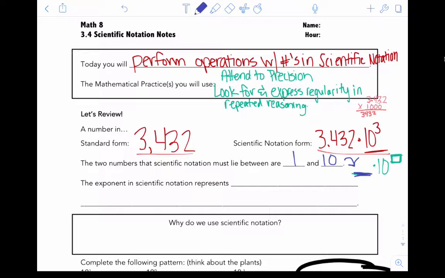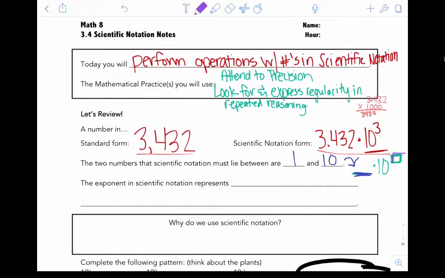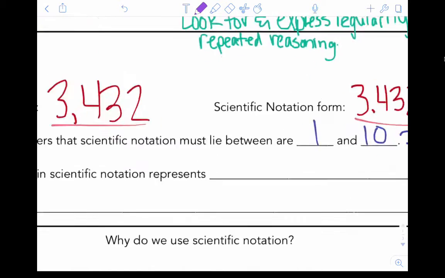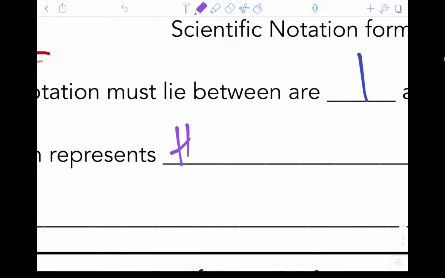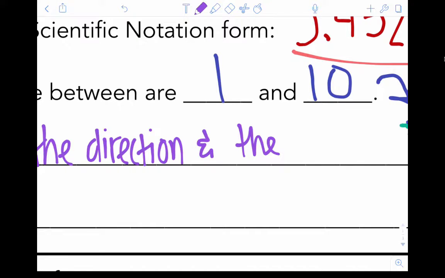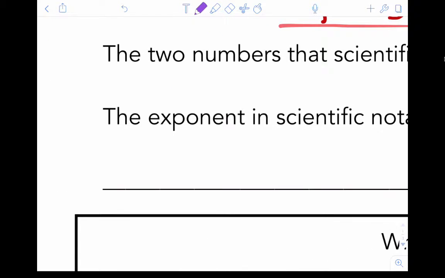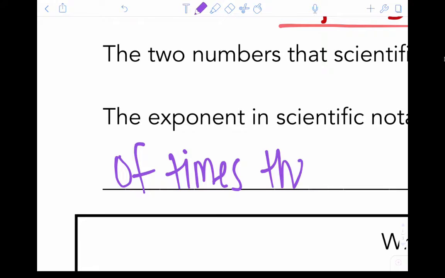The exponent, over here in scientific notation, represents the direction and the number of times the decimal moves.